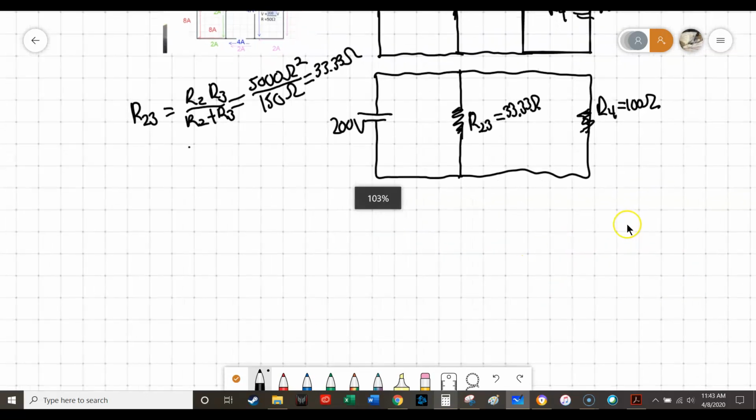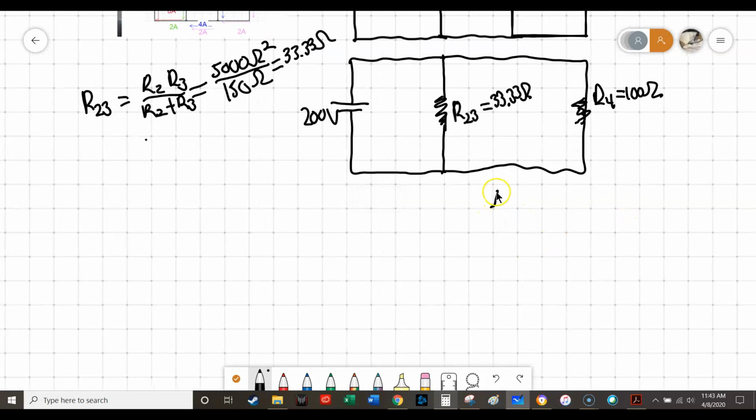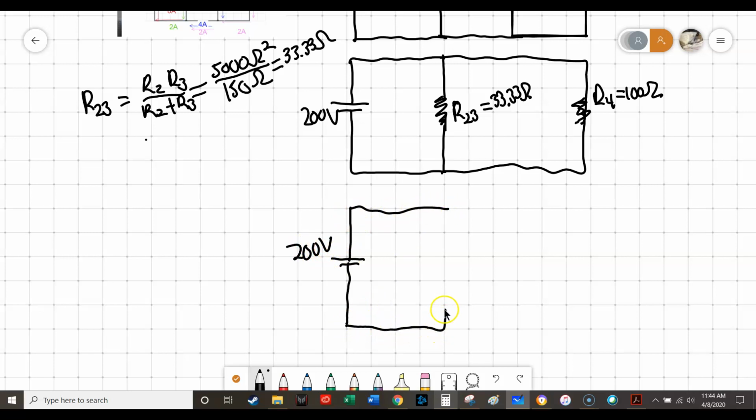I'm going to zoom back in. I'm going to draw the same battery. It's 200 volts. But now I'm going to call this R234, and now I'm going to combine these two resistors together.